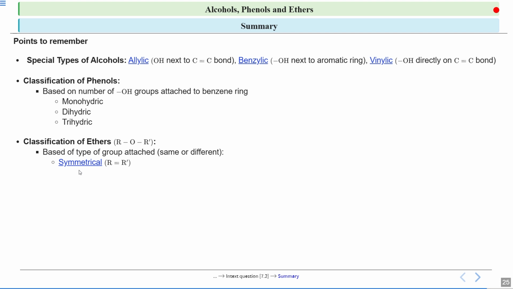If R is not equal to R prime, meaning the alkyl or aryl groups are different on both sides of oxygen, then that ether is unsymmetrical. Here R and R prime can be alkyl or aryl groups, either a benzyl group, or an ethyl or methyl alkyl group.